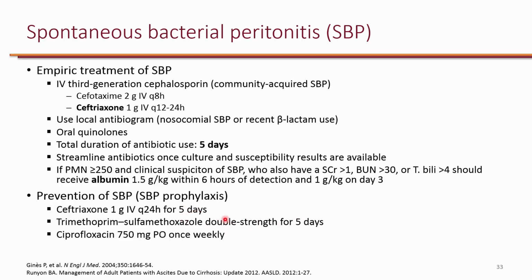So if someone just developed ascites and you want to do prophylaxis for SBP while we manage the ascites, you just do 5 days of antibiotics, just to make sure they don't get SBP, since the mortality rate is high with SBP. Now, someone who did have SBP, you want to treat them with either Bactrim, trimethoprim-sulfamethoxazole, or Cipro potentially for life.